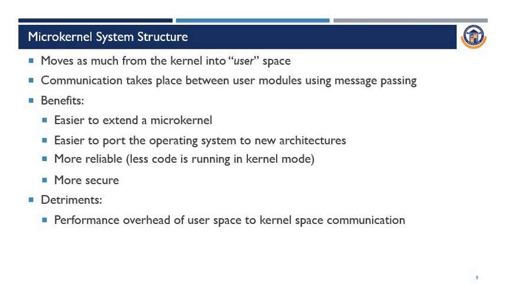The benefits are that it is easier to extend the microkernel, easy to port the operating system to new architectures, and more reliable, as less code is running in kernel mode. It is also more secure, and security is a major part of the OS. The problem is the performance overhead of user space to kernel space communication.